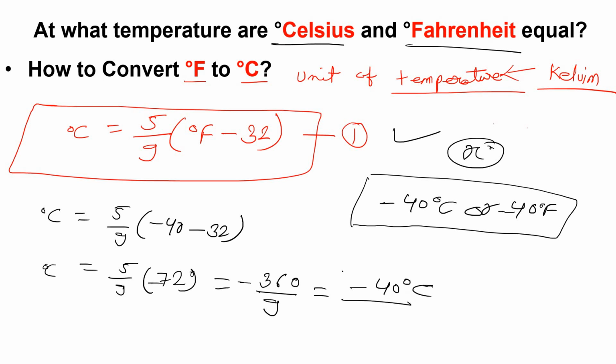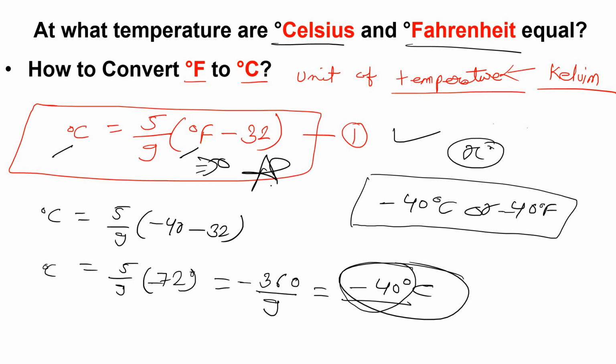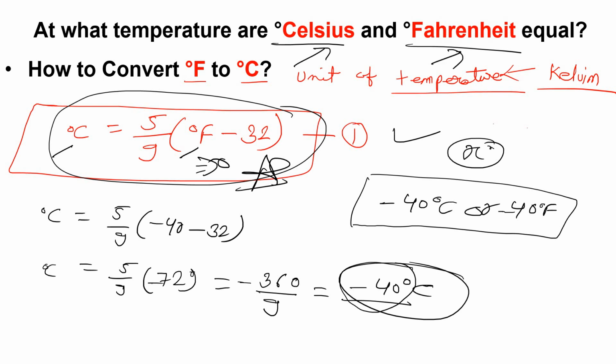Minus 40 degrees Celsius. Now if you put minus 40 on both sides, the difference will be 0. Hence it satisfies this equation, and we can say that minus 40 is the temperature where degree Celsius and degree Fahrenheit are equal. I hope you got my point.